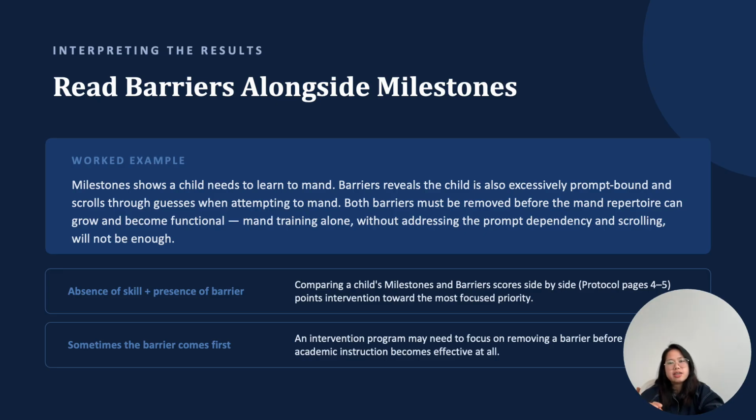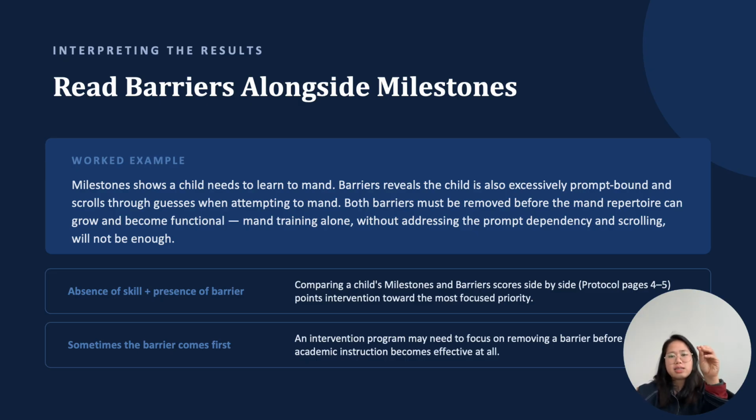Alright, so here is the single most important interpretative point in this whole assessment. Barriers data is designed to be read alongside the milestones assessment data and not on its own. The guide's own example makes this concrete. Say the milestones assessment shows a child needs to learn to mand. Looked at alone, that just tells you to start mand training.